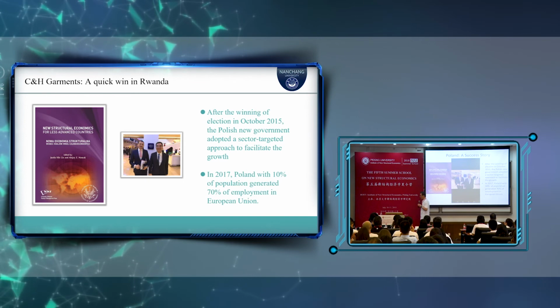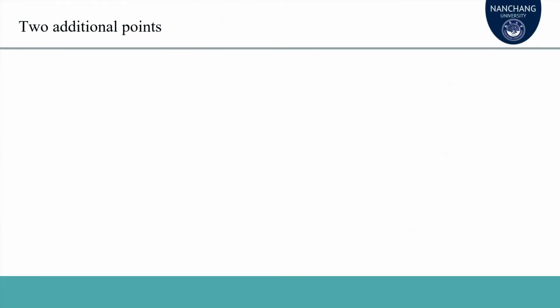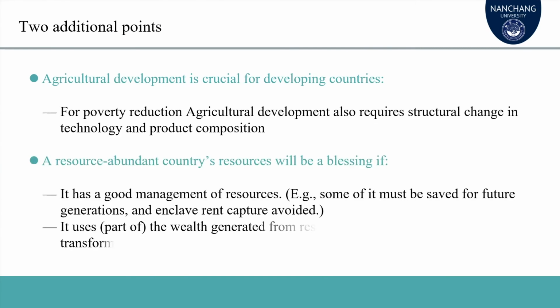So let me conclude with two additional points. I did not say agricultural development. Agriculture also needs structural transformation, because that is where poor people work now. They also need new technology, new crops, new markets, and the government needs to facilitate that.